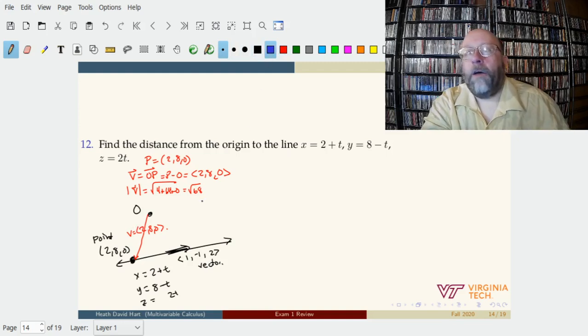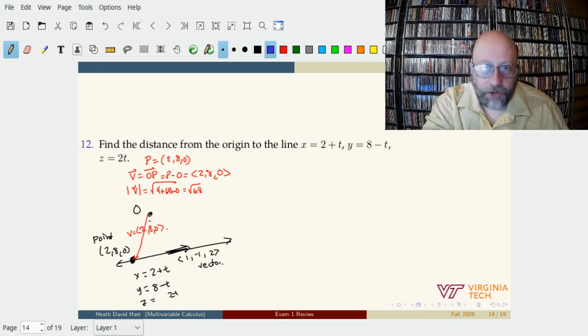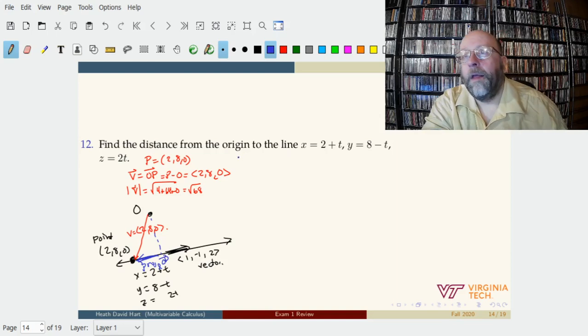Then we can calculate the projection of OP onto the line. And we really only need the component projection. That's the dot product of this vector and the line vector.